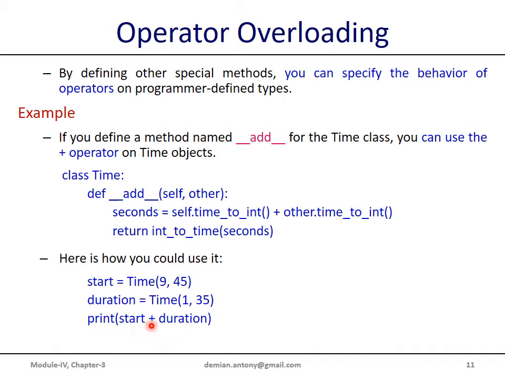This plus automatically makes a call to the double underscore add double underscore method, and this method returns the time object, which will be printed. Print will get the new object, and that is printed by the print time.